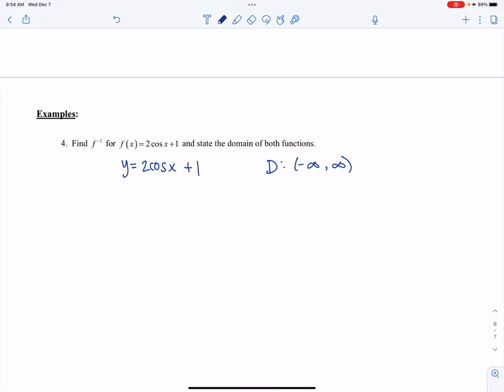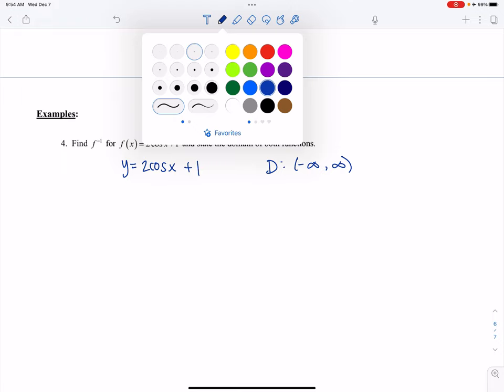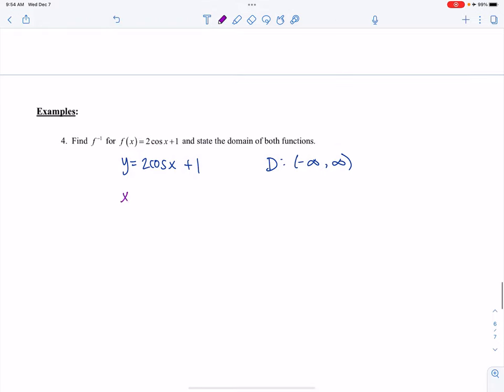Okay, so now let's find the inverse. Let's find f inverse. One method we can do is switch the x and y and then get y alone. So we want to do our algebra magic to get it back into y equals. First I'm going to switch x and y to x equals 2 cosine y plus 1. I've swapped them, and now I want to get y all by itself.